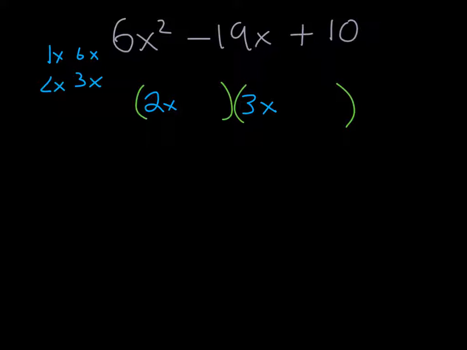And if you remember our acronym is MAM, M-A-M, multiply, add, multiply. So I need to find two numbers that multiply to 10. So let's see, 1 and 10, or 2 and 5.